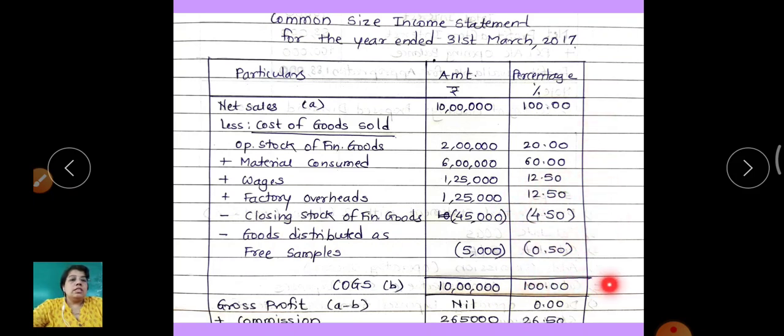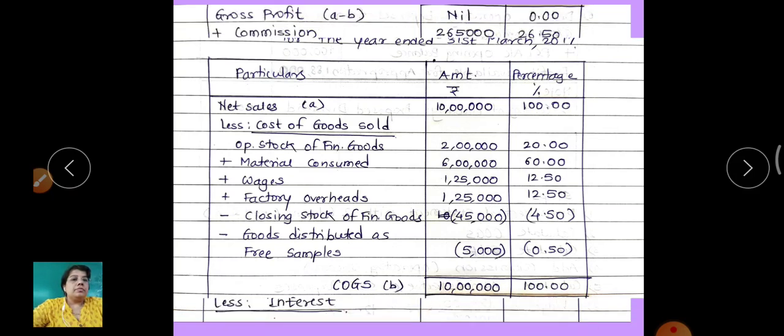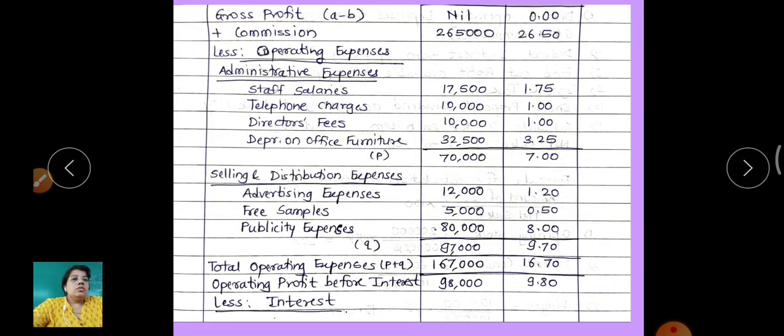So COGS is 100%, gross profit is nil, we cannot calculate a percentage for it, 0% gross profit, and commission 26.50%. So commission is 26.50% of the sales. Then we calculate all the administrative expenses, staff salaries.